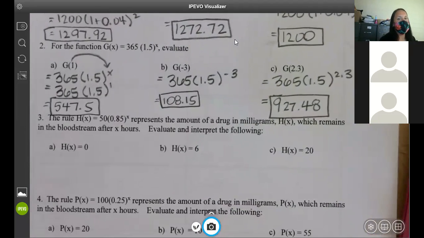It's just a new function, h of x. But what's the difference in a, b, and c? How does it look different from the last 6 problems that we did?